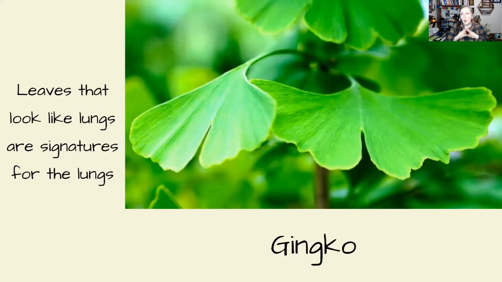So now we're going to talk about leaves that look like lungs. Okay. And our ginkgo plant looks like that. To me, it's not only a set of lungs, it's like a set of lungs that are open and expanded. All right. So ginkgo has been a remedy in traditional Chinese medicine that helps moisten the lungs.